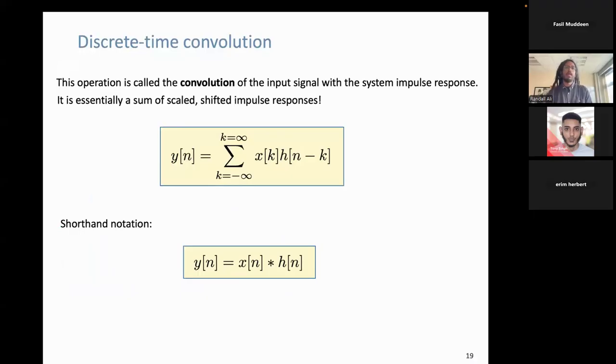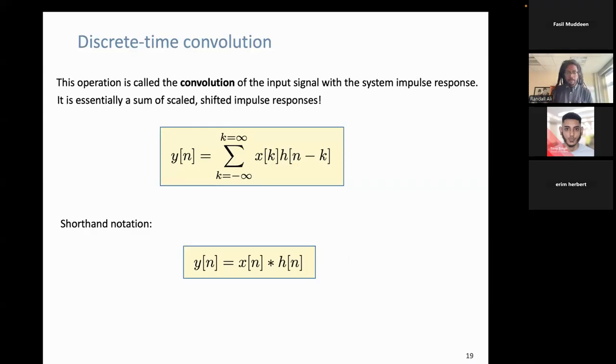This is in general what a convolution looks like, and here I'm specifically talking about y of n. The output of our system is essentially a discrete time convolution of our input and our impulse response h of n of the system. And I can write that in a shorthand notation with this star that you've probably seen already.